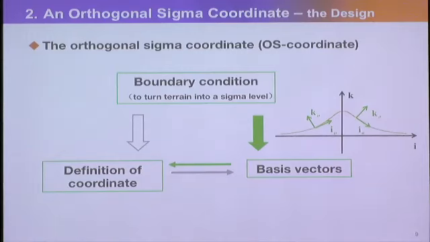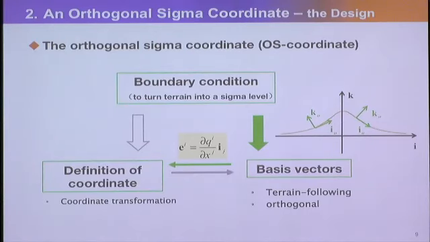We rotate the basis vectors of the z-coordinate, as shown in the black arrow, until the vertical direction is in line with the normal vector of the terrain, the green pairs. And then we get the terrain following and orthogonal basis vectors. Using the expression of the basis vectors in a curvilinear coordinate, we can solve the coordinate transformation between the z-coordinate and the rotated one.